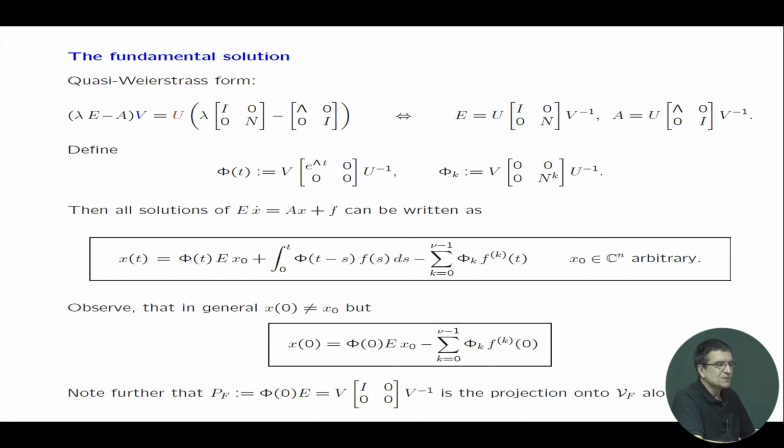There is no freedom anymore, because if I replace the v by another v, which yields such a canonical form, and the u by another u, then the lambda also has to change. And the result is that I always get the same matrix. So this is independent of the concrete choice of the v, lambda, and u, and the same with these phi k matrices.